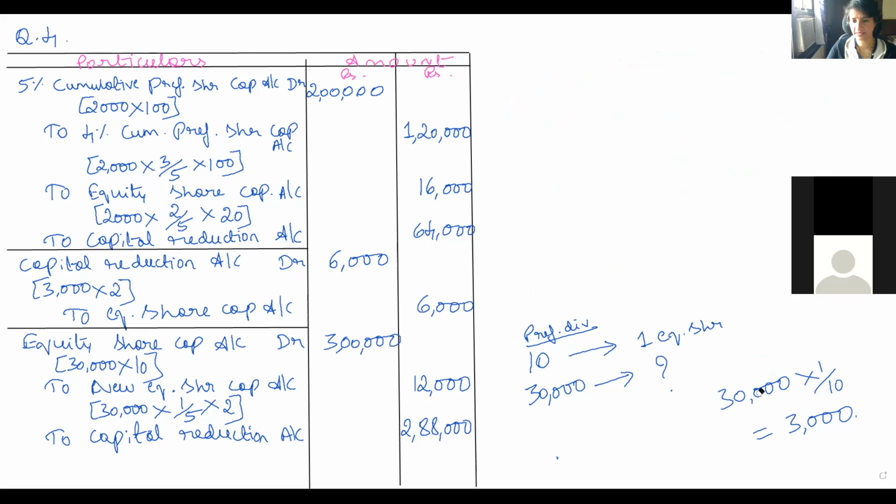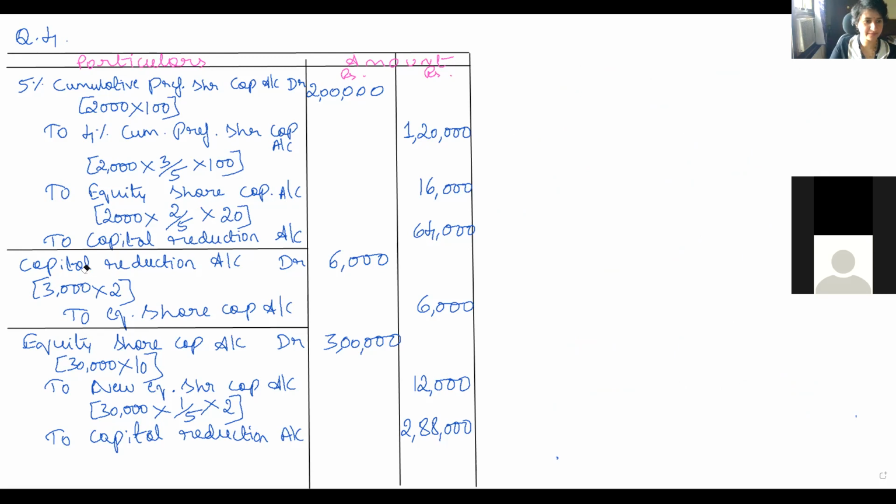Clear off everything. Okay, now next entry will be, we have to write off preference dividend का हो गया ना? हाँ, write off whatever assets are given.